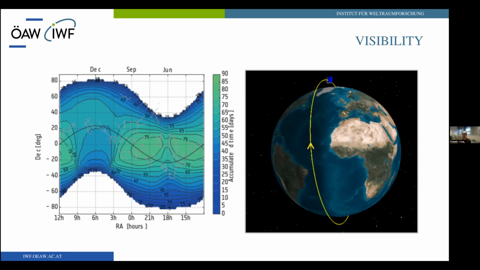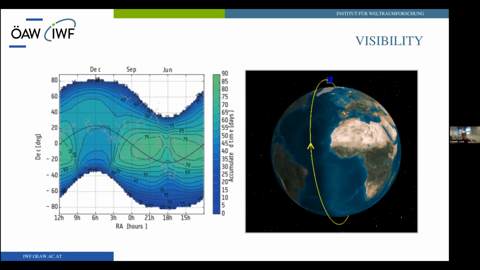One thing that caused some trouble to the science team before launch was that CHEOPS cannot observe the Kepler field, which is here, and that was a bit of a problem at the beginning, because we hoped to be able to look at quite a few Kepler targets, Kepler planets, but in the end we could not.